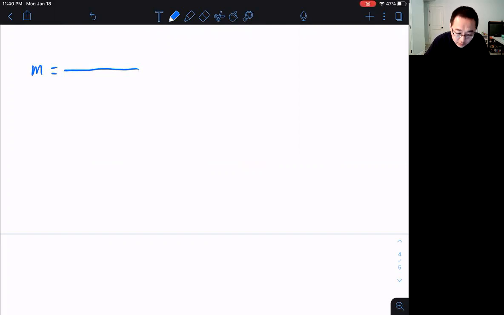And vertical change is always y2 minus y1, where y2 is the new value for y and y1 is the old value, divided by x2 minus x1. This is how you calculate your slope. And of course, later as we talk about calculus, which will make all these things a whole lot easier by taking a derivative. But for now, you're stuck in algebra, so this is how you do it.